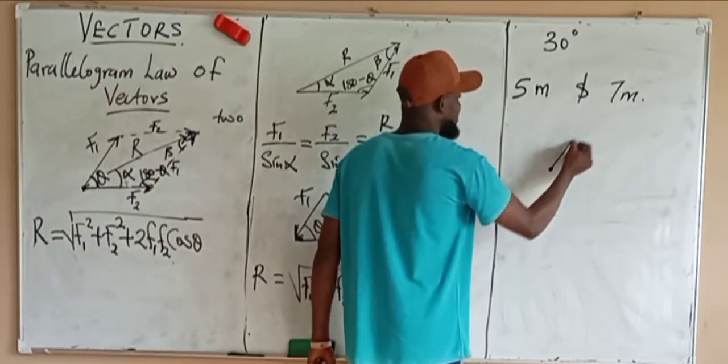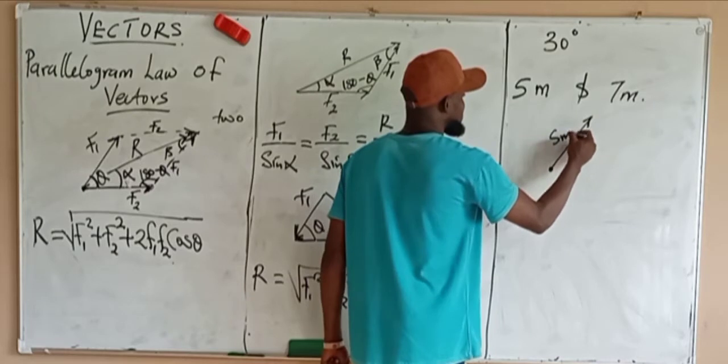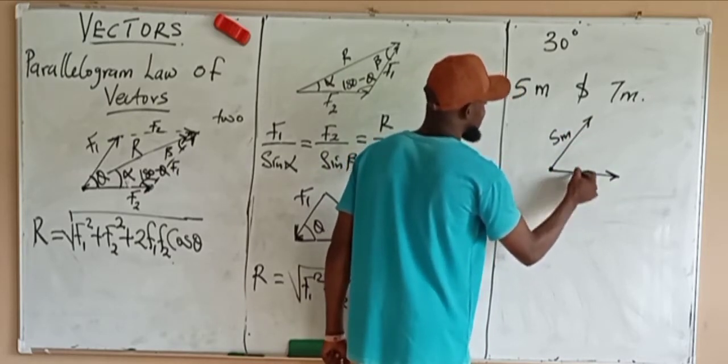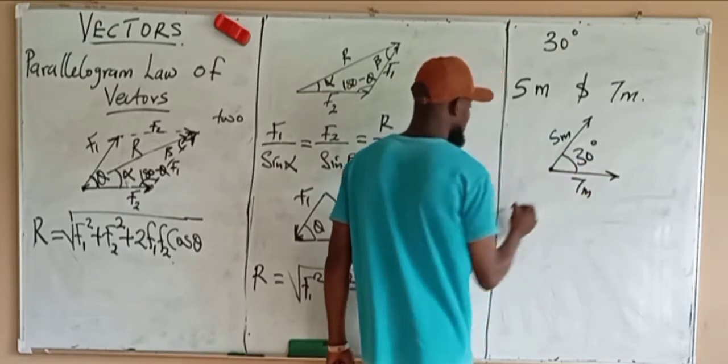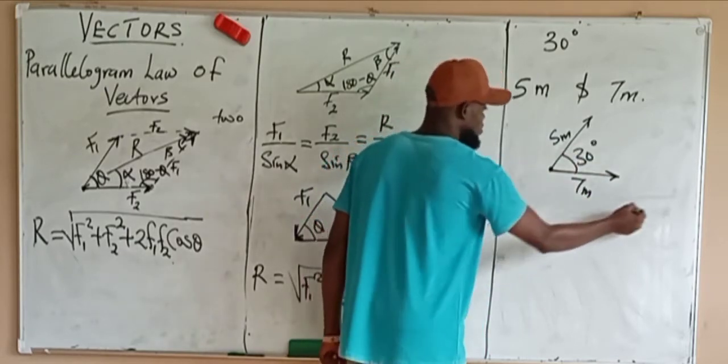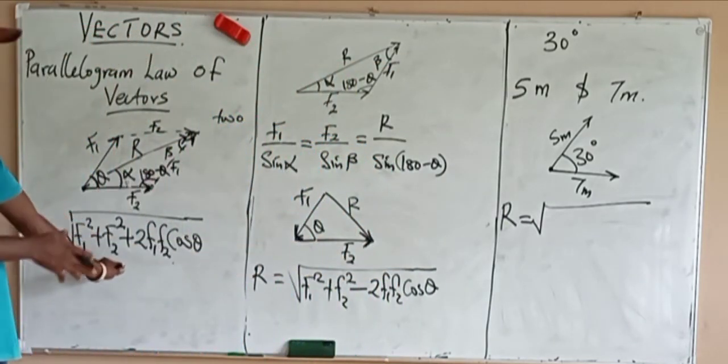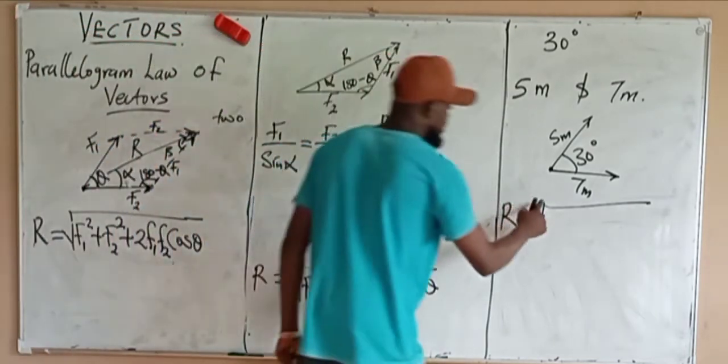So look at what I have drawn, something like this. It's acting away. I call this one 5 meters. This one is acting away as well. I call this one 7 meters, and the angle is 30 degrees. So what's now the resultant of those two vectors? Remember, this formula will work here.